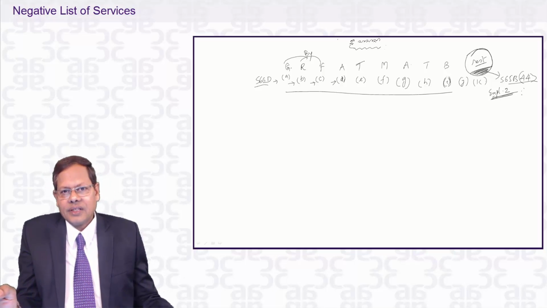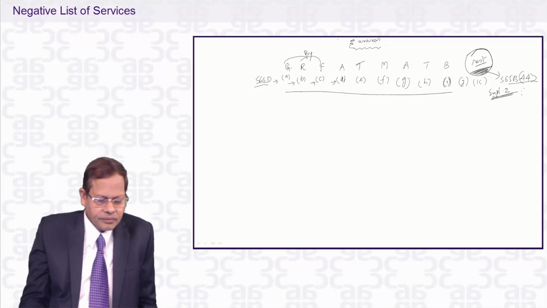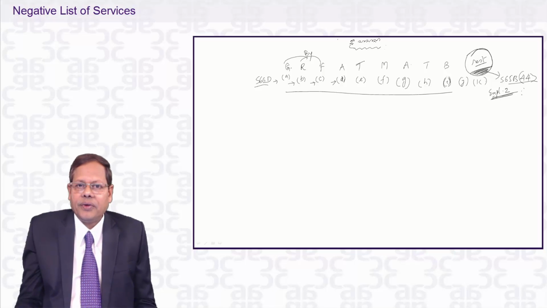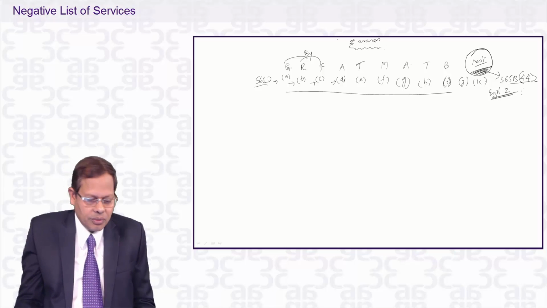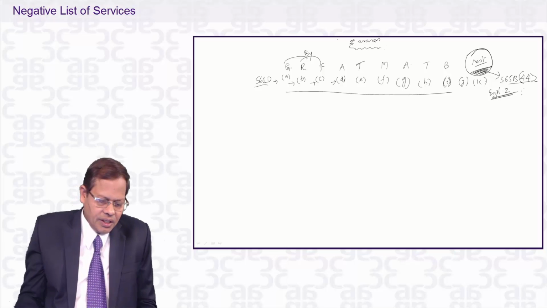See, 65B I was talking about, right? In section 65B(44), explanation 2 is talking about some activity. What is that activity?